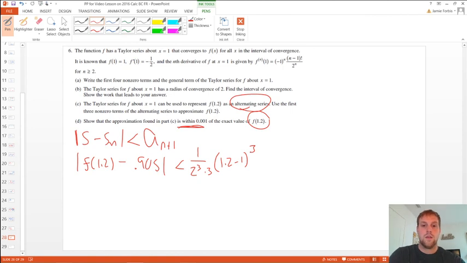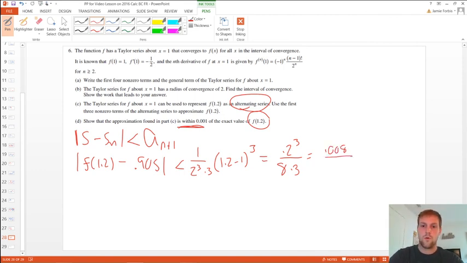So if I solve this out, that's 0.2 cubed over 8 times 3, and 0.2 cubed is 0.008, I believe.